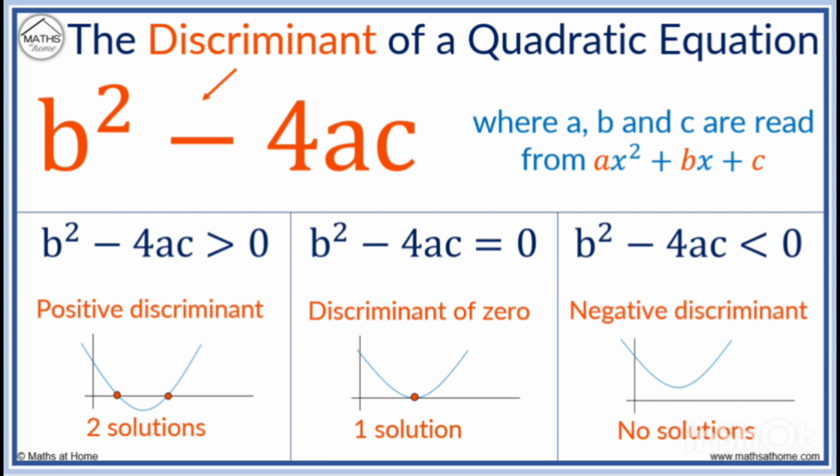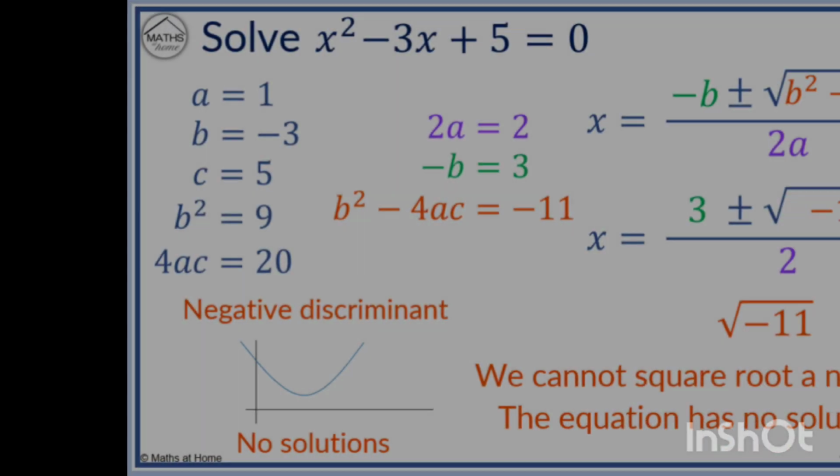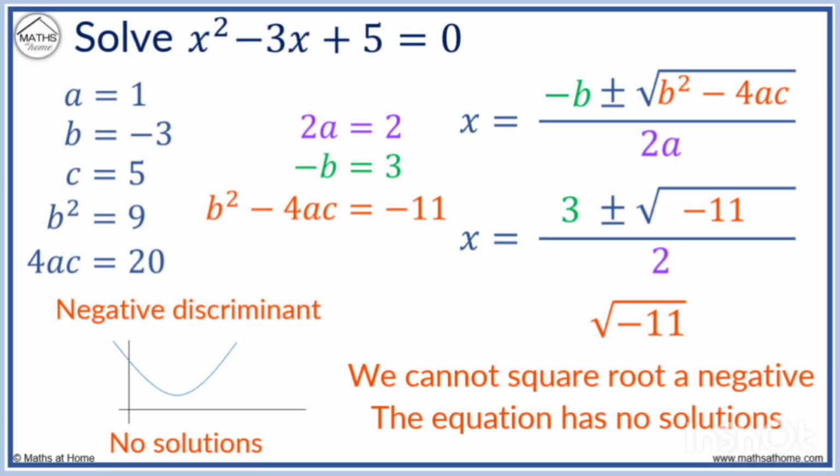or imaginary solution. Now we have to solve this quadratic equation, which is x square minus 3x plus 5 equals to 0. For this equation, we have to compare it with the standard form of quadratic equation, which is ax square plus bx plus c equals to 0. Then we will get a equals to 1, b equals to minus 3 and c equals to 5.